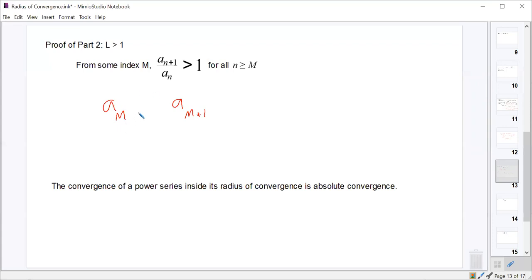Is A sub capital M greater than or less than A sub capital M plus 1, if the ratio is more than 1 between them? Which one is greater, the M or the M plus 1?